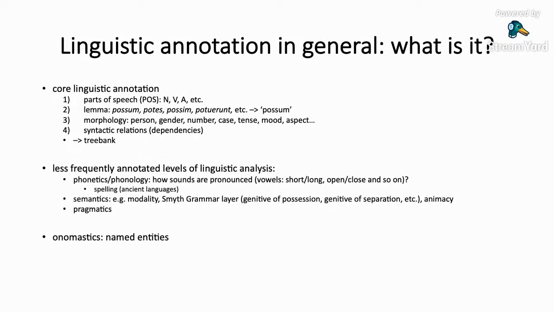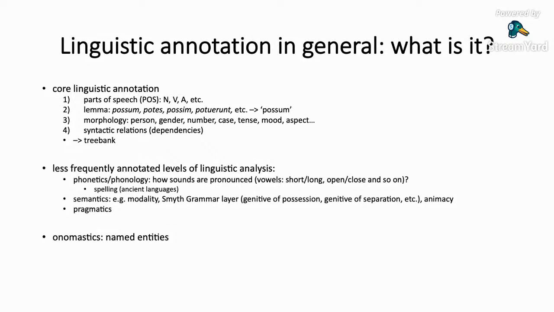Then there are other levels of the analysis which can be annotated, but for some reasons they are not very frequently annotated. So, for example, there are not many projects annotating phonetics and phonology.